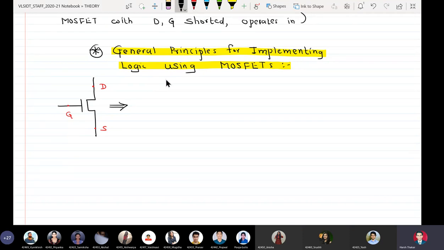Rather than drawing the terminals, I can simply draw it like this. Just write N inside, and then naturally drain, source, and gate. Okay, so both of them are NMOS.